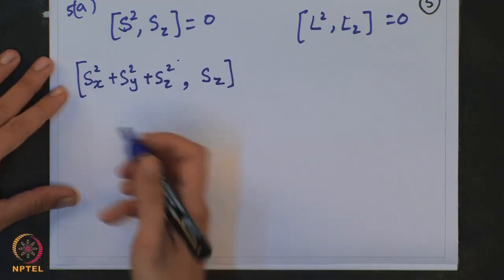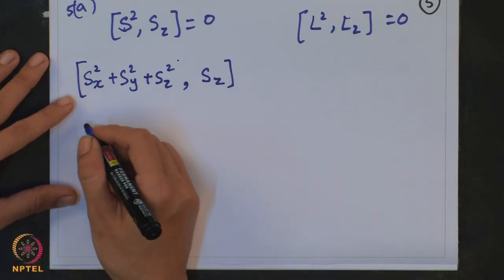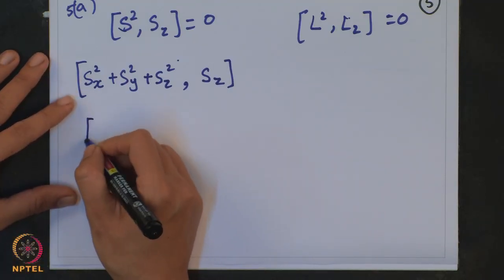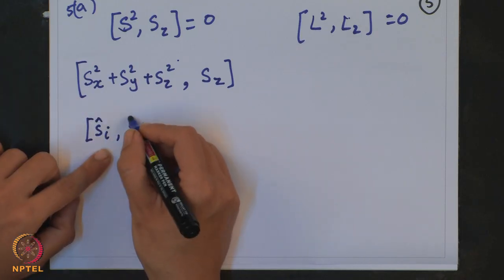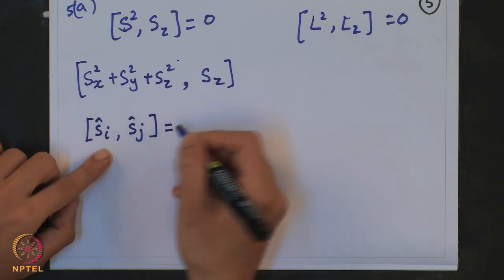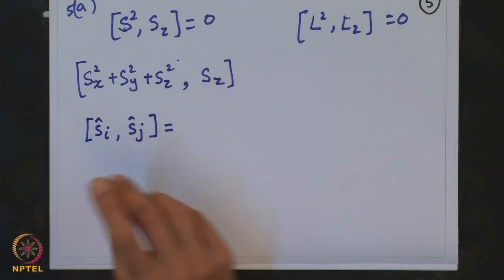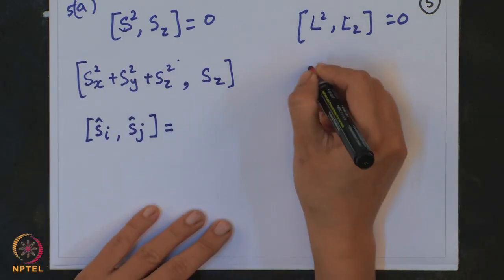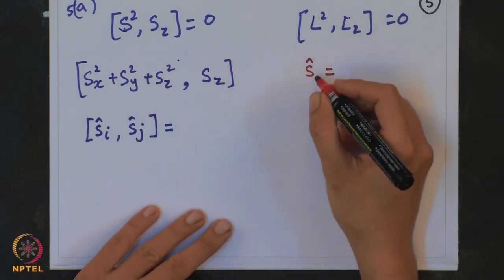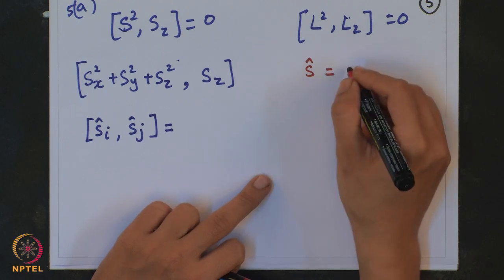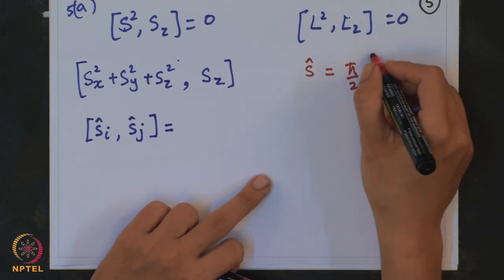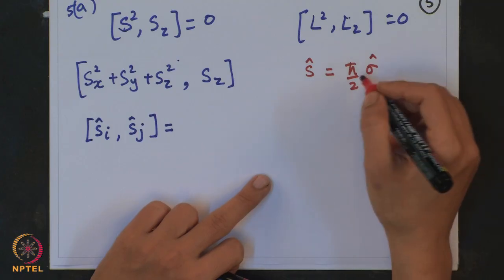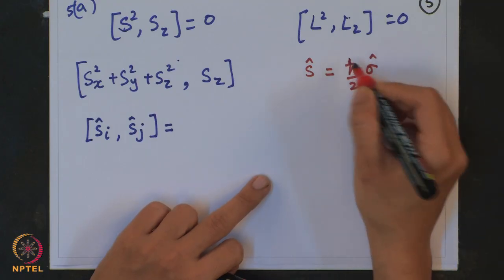So, you have seen already, and in general also you have the commutator of Si, Sj. Just recollect that the spin operator can be written in terms of Pauli matrices, which we have discussed already, or you might have seen in the class at least once.